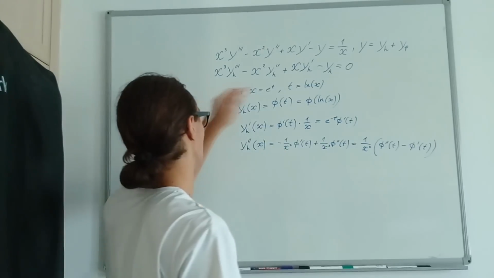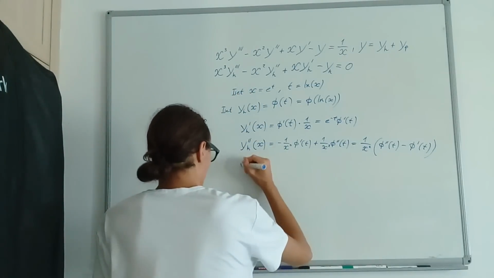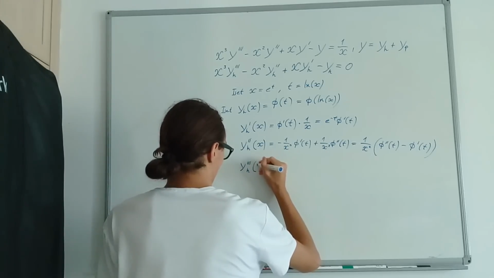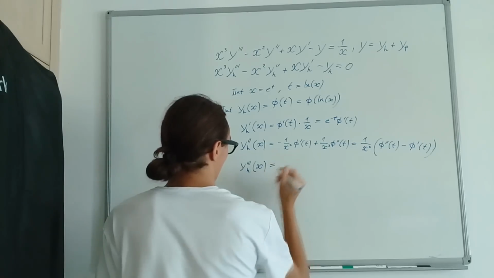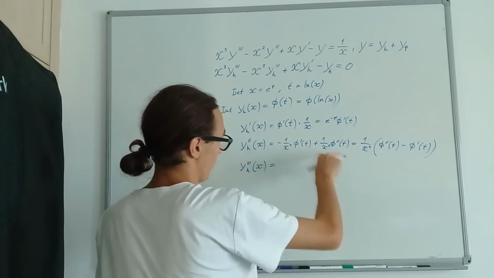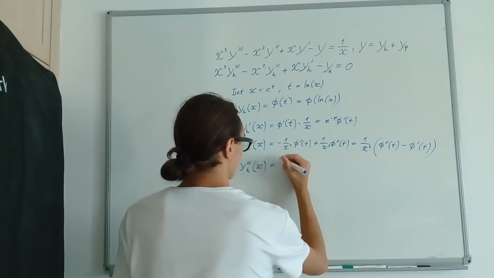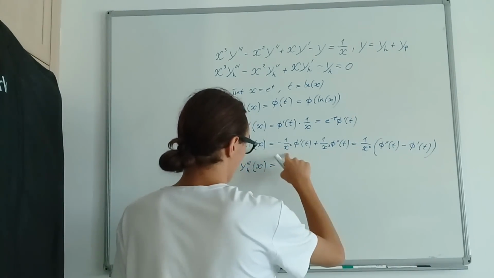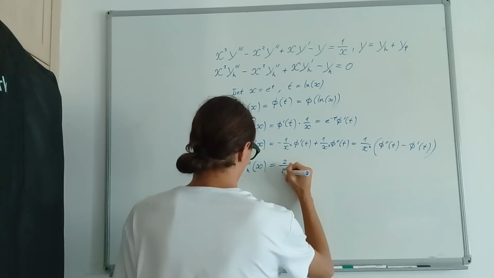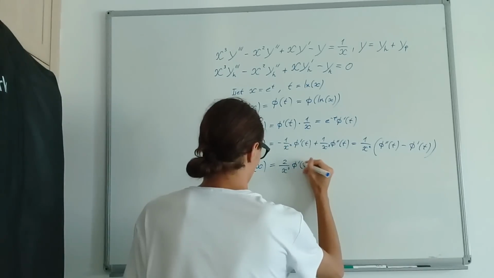And lastly, because this is a third order differential equation, we're going to need the phi triple prime as well. So phi triple prime of x is equal to... we're going to differentiate these two terms separately using the product rule each time. Differentiating the first, that's going to be 2 over x cubed, positive phi prime of t.